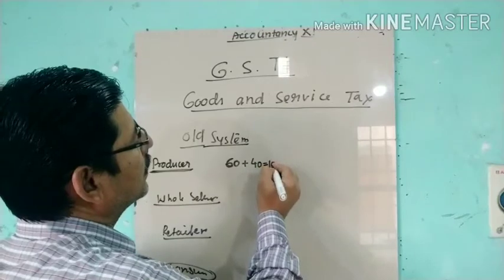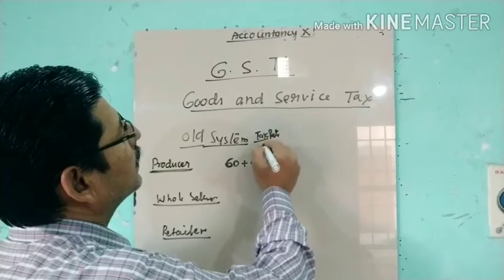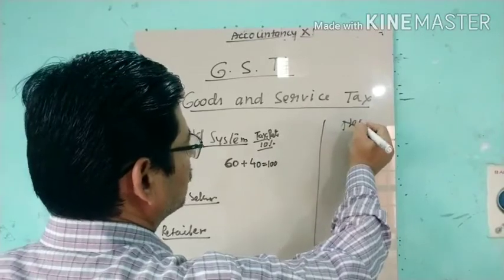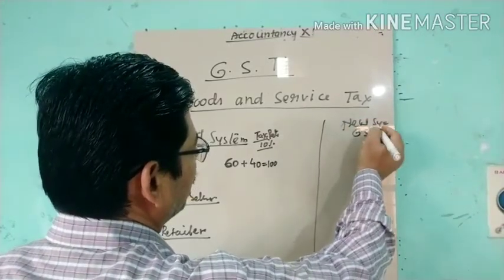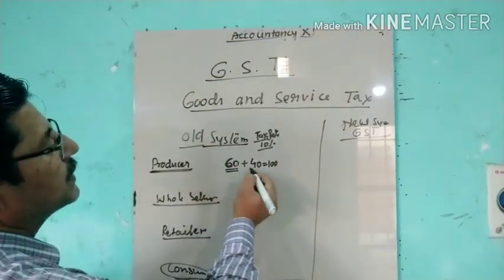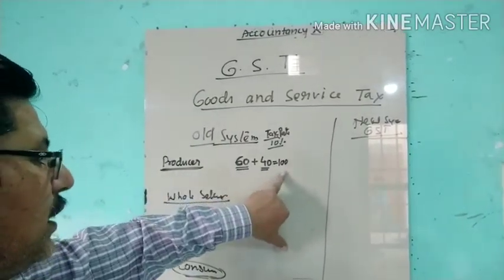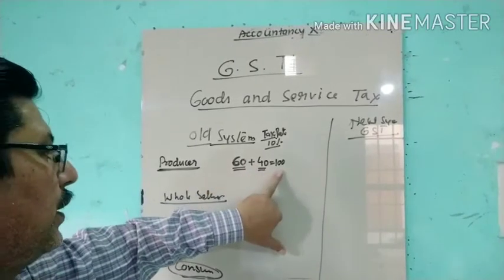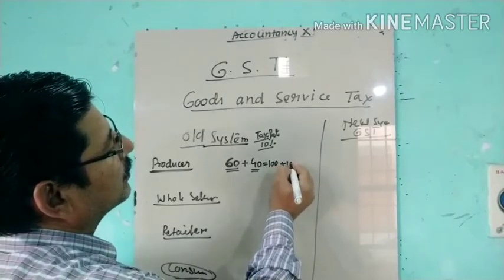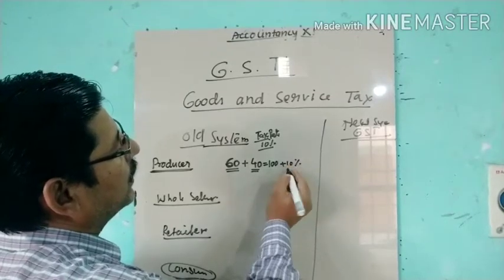So 100 rupees, and the tax rate is 10%. The tax he used to collect at the rate of 10% makes it 110, so the sales price will be 110.